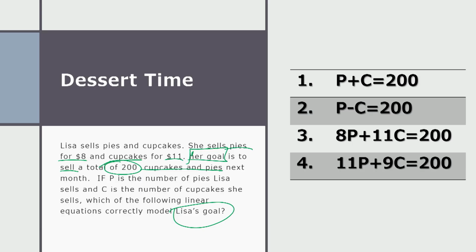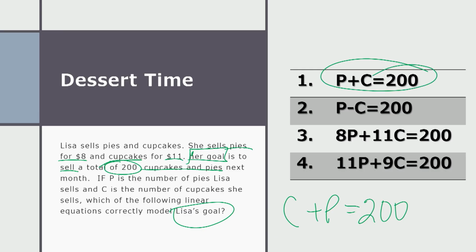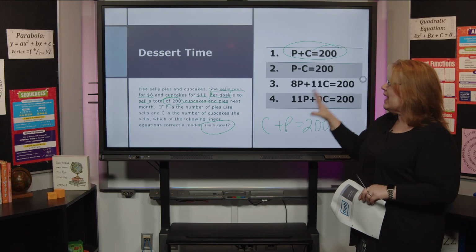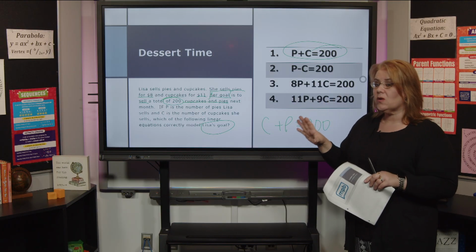So for my cupcakes, I have C. For my pies, I have P. When I add them together to get my goal, I want it to be 200. So which one would be our answer? Obviously, number 1. That's a wonderful example of why it's so important to annotate these questions.